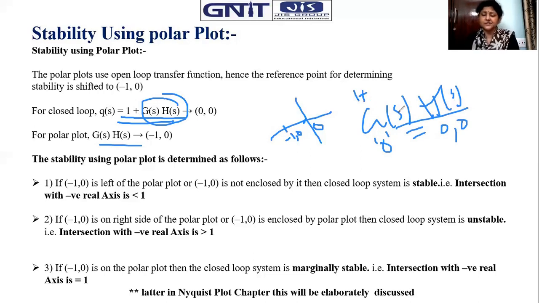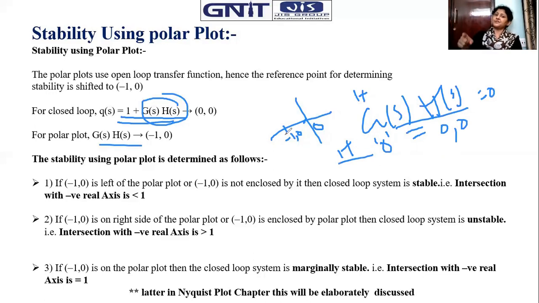So the plotting will be done through G(s)H(s), but we will be analyzing the characteristic equation of the closed system. So 1 plus G(s)H(s) is the characteristic expression, and the origin in that case is shifted to minus 1.